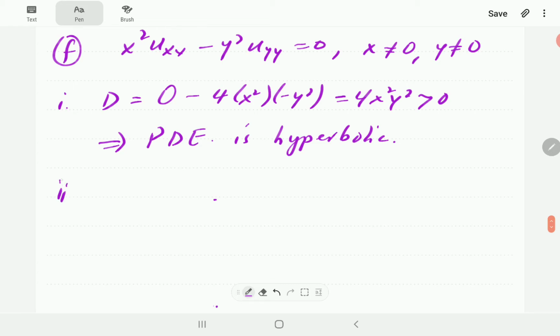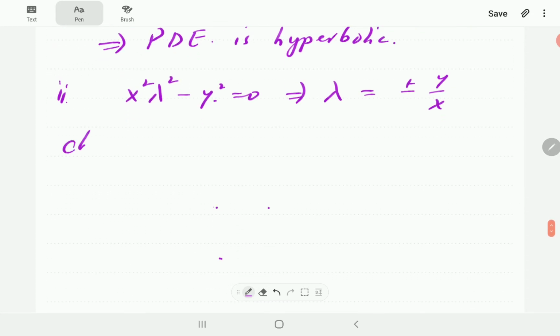Then in part 2, the characteristic quadratic equation is going to be x squared lambda squared minus y squared equal to 0. If we solve this, we're going to find that lambda is plus or minus y over x.